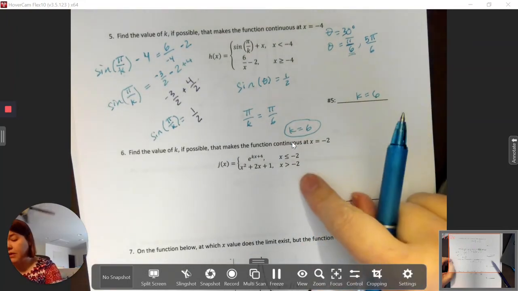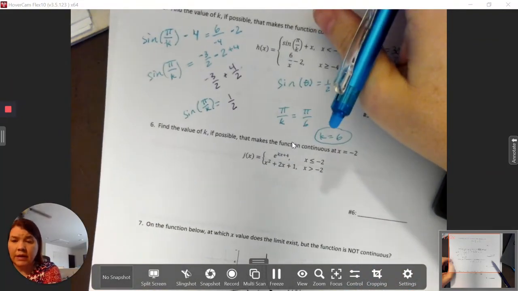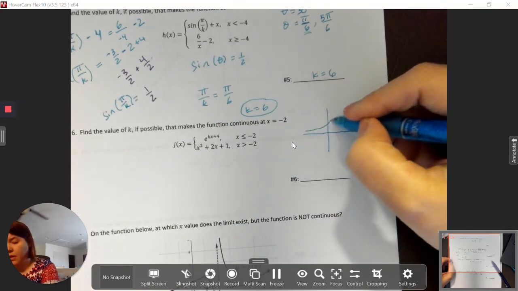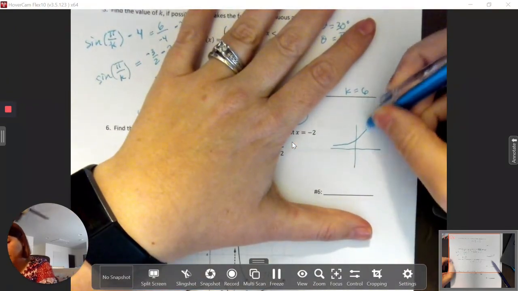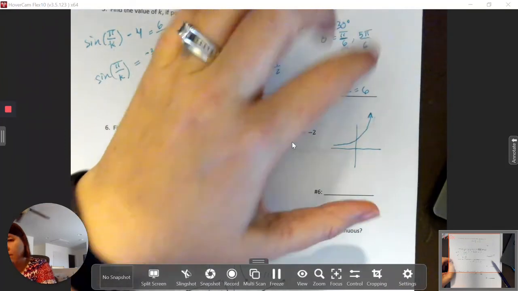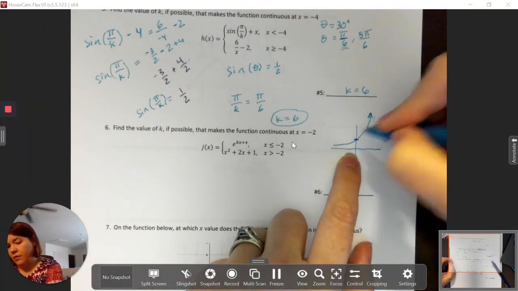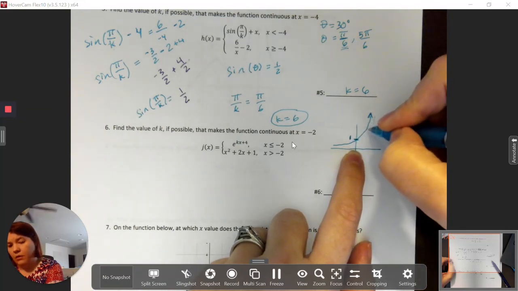I'm going to leave you with 6 to do, which is a bit challenging because of e. Remember that e is an exponential curve. Looks like this. Okay? And actually, that's probably not steep enough. Like this. Okay. And this is 1, 0, 1.